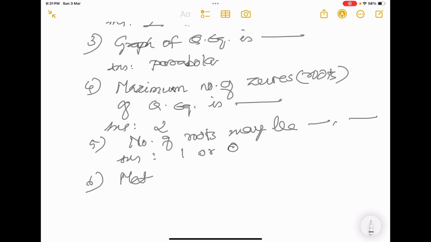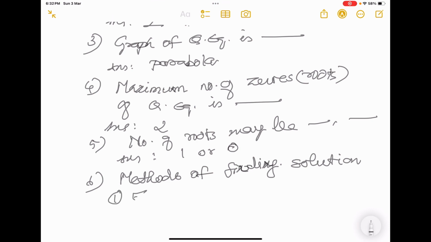Methods of finding solution. One, factorization.